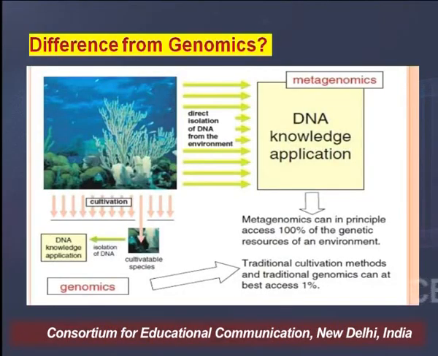Similarly, when studying them in a community, metagenomic methods give us a much clearer picture of the interactions in a community. So metagenomics basically stems from genomics, but we clarified how it is different from genomics.